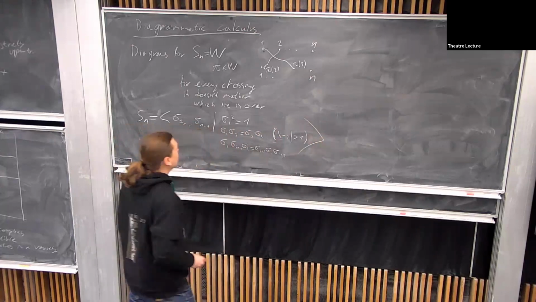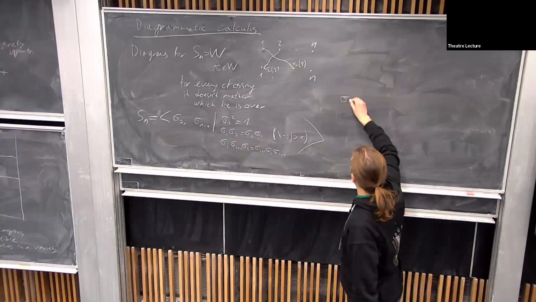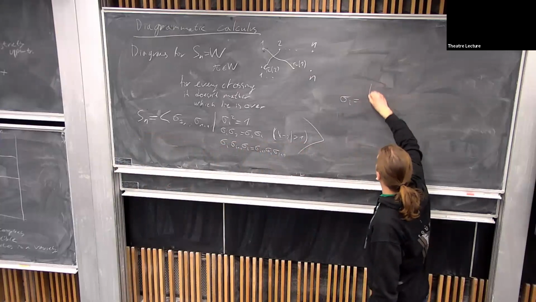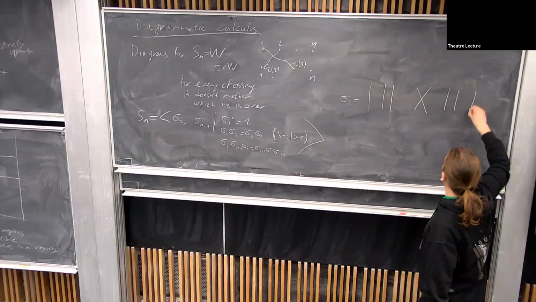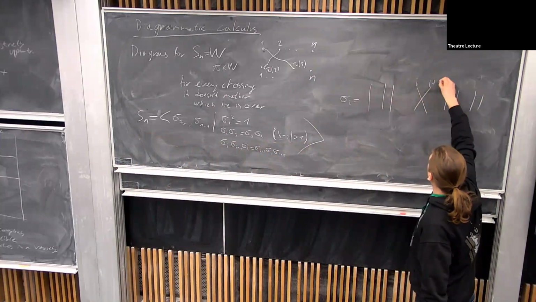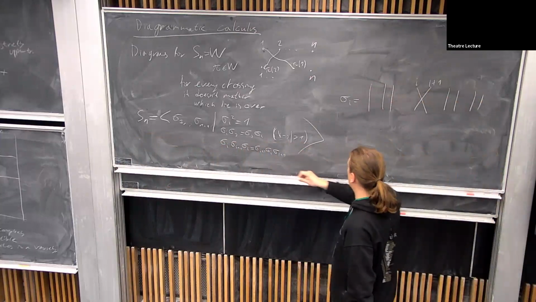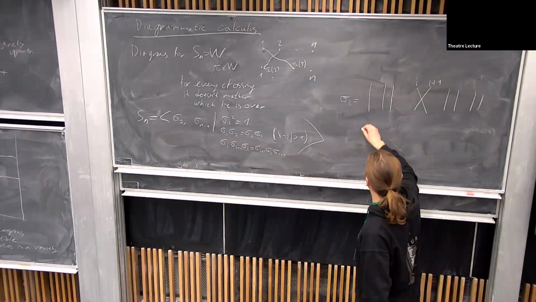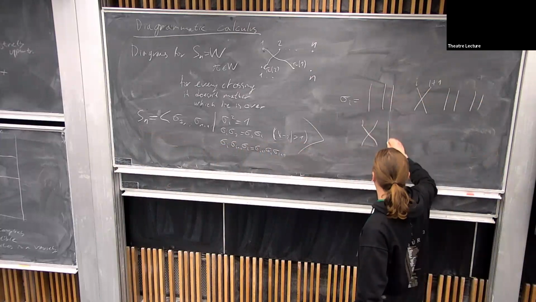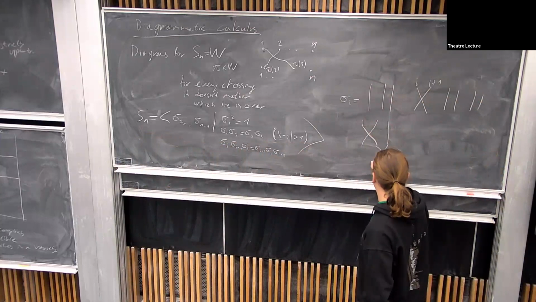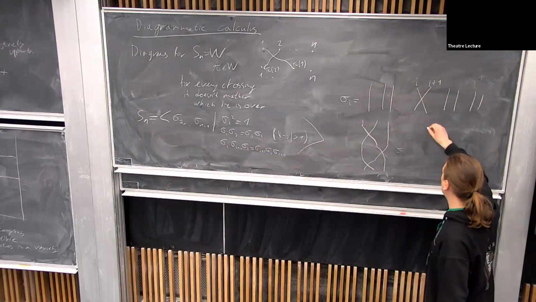This is well known, and in the pictures sigma_i looks like a bunch of parallel lines where the two lines i and i plus 1 cross. For this relation, if you take two lines, we just slide it over.